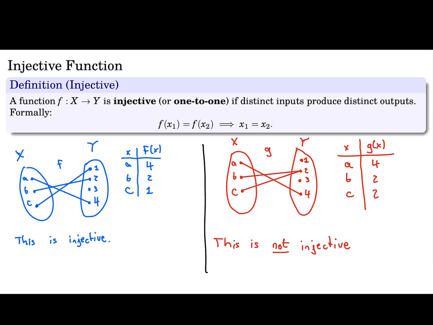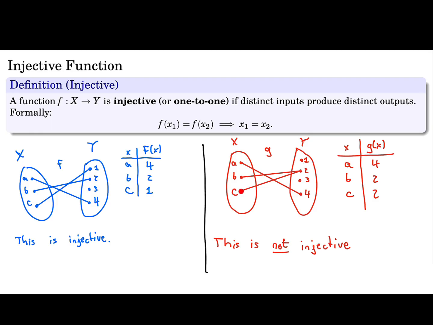If we look now here on the right and do that test where we check how many things from the domain correspond to each element on the right: for 1, there's no issue. Nothing maps to 1, so that's okay. With 2, you have an issue. 2 things are mapping to 2, so here you can already identify that this function is not injective.